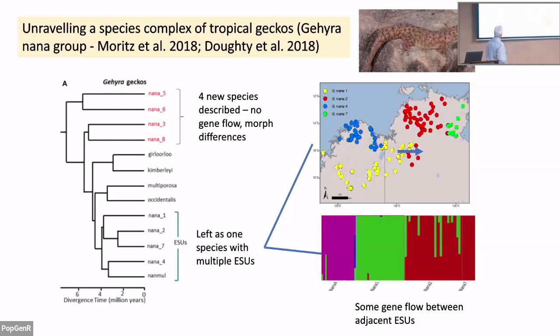There were lots of other morphologically distinct species nested within that group. And these ones were pretty simple to delineate. They were overlapping geographically with other taxa, no gene flow, with SNP and exon capture data. Post hoc, we found morphological differences that made them diagnosable. We described them as new species.